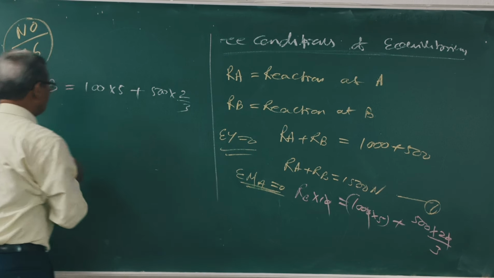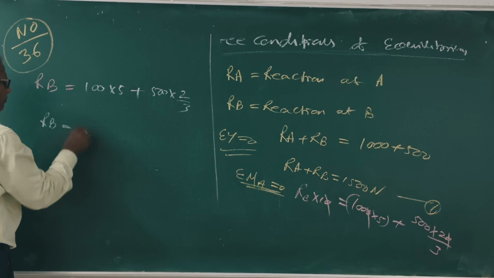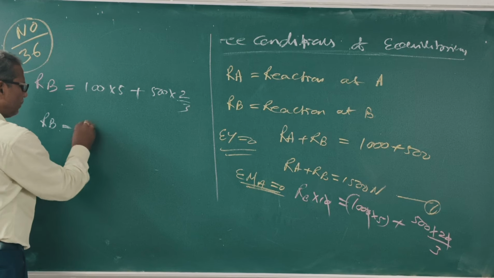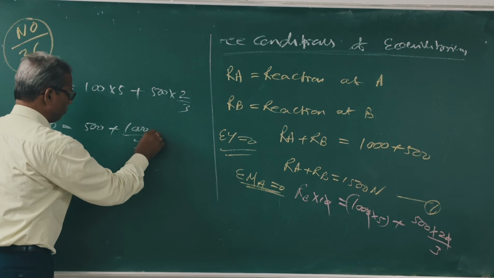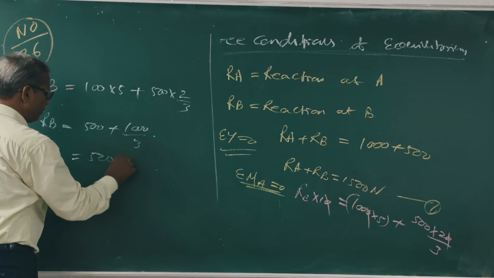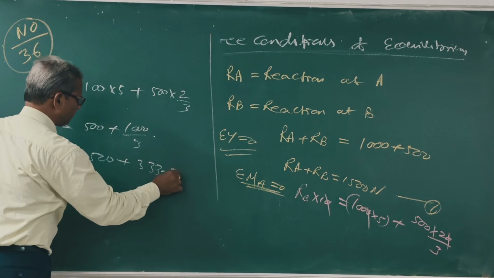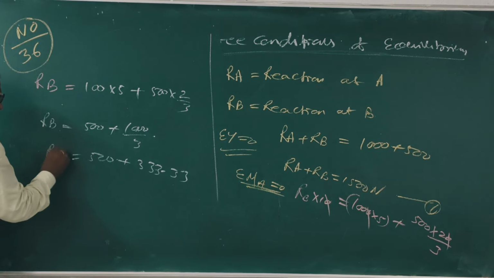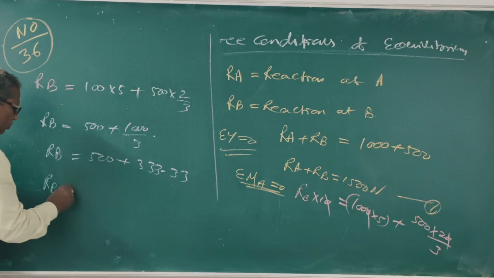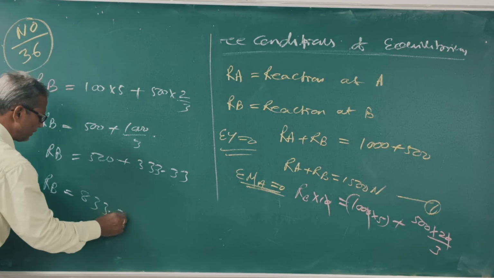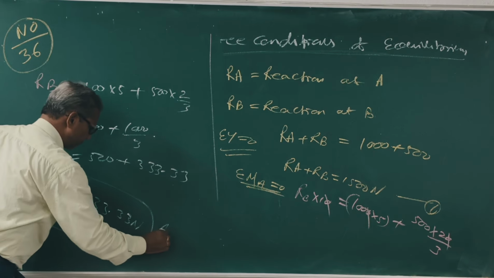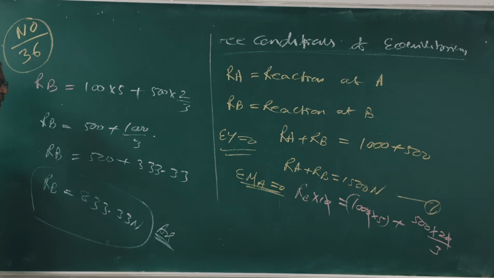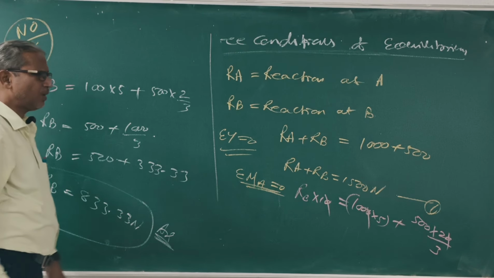So RB is equal to 500 plus 1000 by 3. This is equal to 500 plus 333.33. Clear? This is RB, equal to 833.33 Newton. This is one answer. Next, from equation 1, we can find out what is RA.